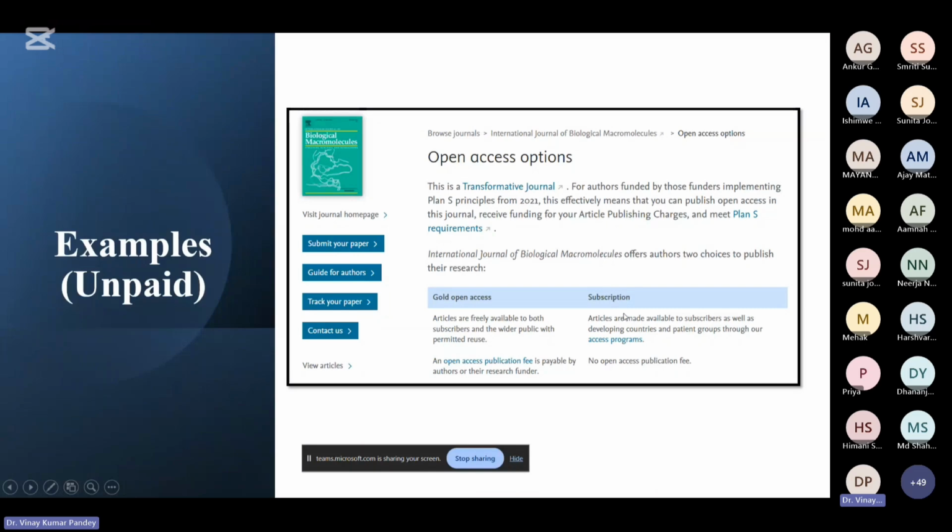Now readers have to pay to read your papers. International universities like Harvard, in the UK, and lots of others have subscriptions, so whatever papers they want to read, they can read, because their government has already paid for them to read a paper. So this was the basic difference between subscription and open access.